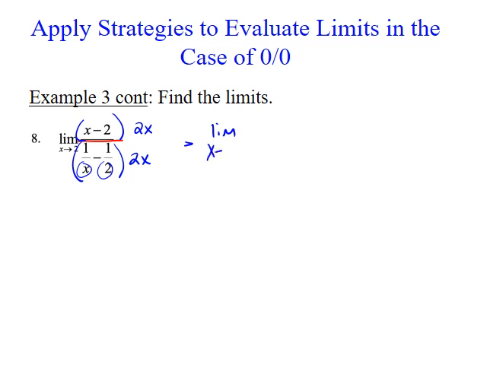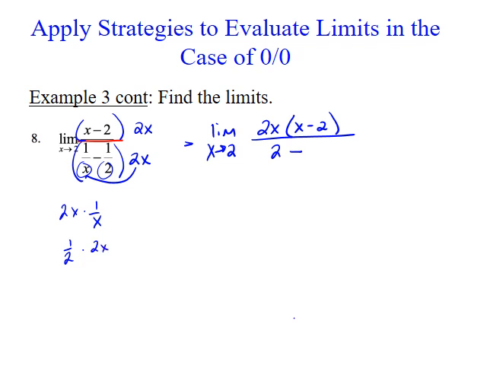That gives me the limit of, and the top I'm just going to write this as 2x times the quantity x minus 2. And in the bottom, when I distribute this, I have 2x times 1 over x. That results in 2 minus 1/2 times 2x gives me x.